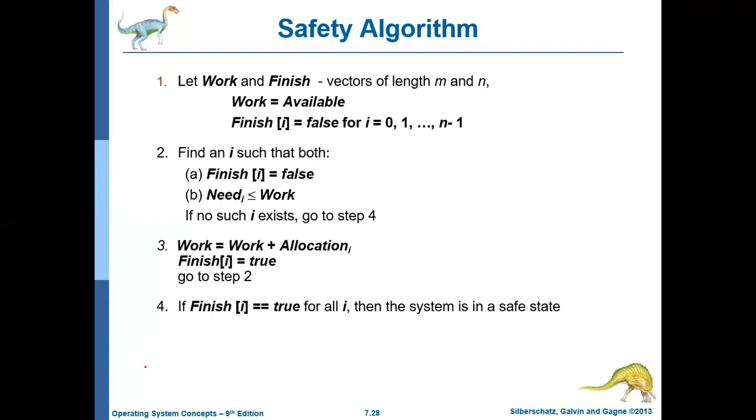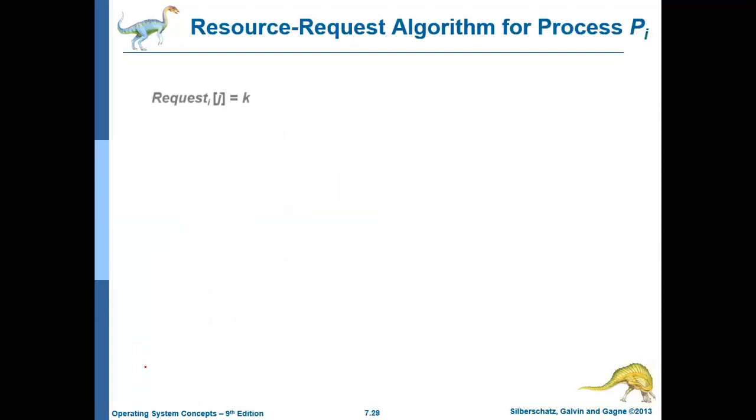Similarly, there is another algorithm which is called the resource request algorithm for the process Pi. In this algorithm, we use something called request I of j equal to k, which means that process I is requesting; the subscript I near the request refers to process Pi.